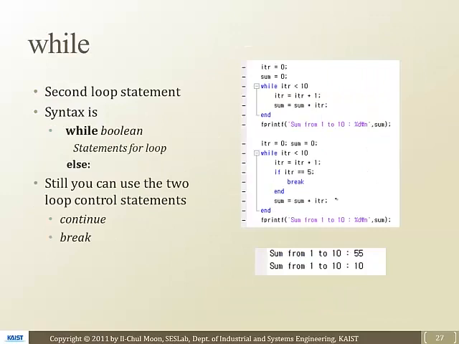Very similar is the while loop, the second kind of loop. Actually, whatever you can do with a for loop, you can do with a while loop, but the for loop is more like a simplified version of that. In the while loop, the loop continues until this Boolean statement becomes false, right?